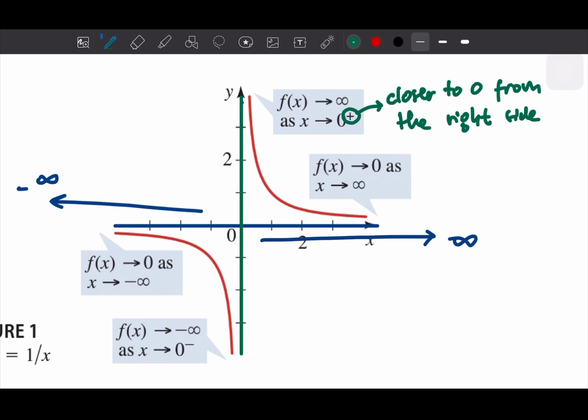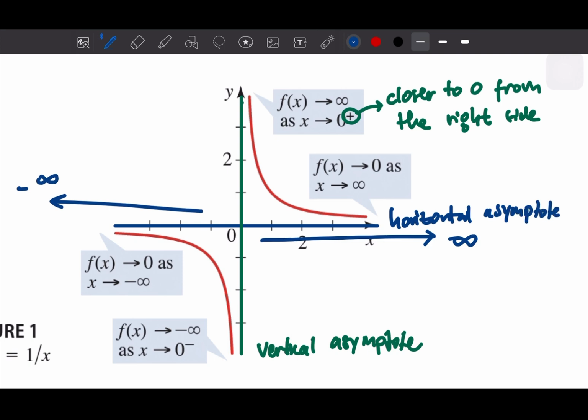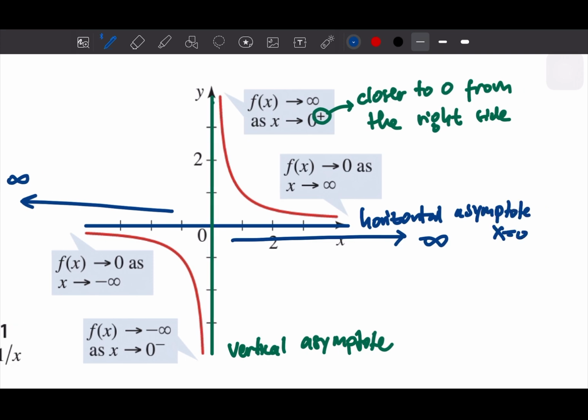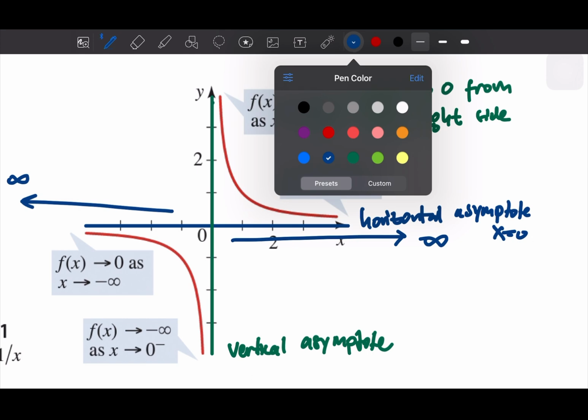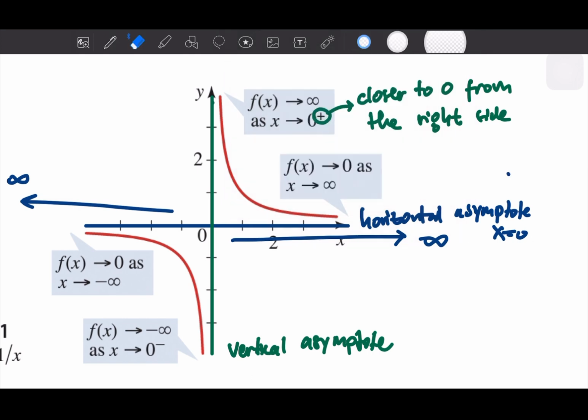Okay, so we have the vertical asymptote and the horizontal asymptote, and both are at x equals 0 and y equals 0. Sorry, this is supposed to be y equals 0, and this is x equals 0.